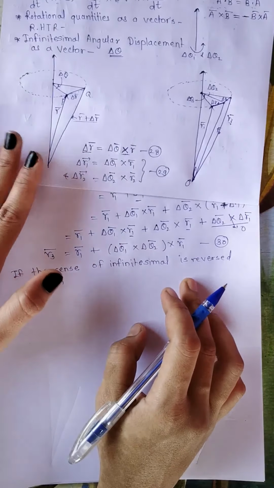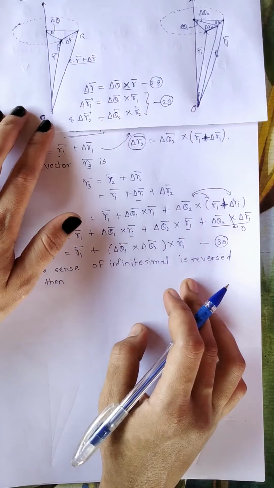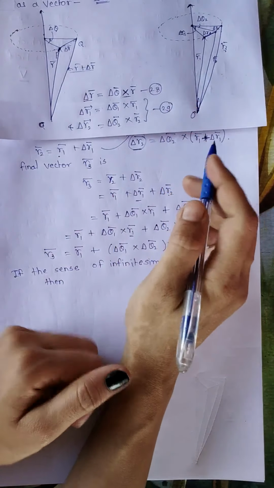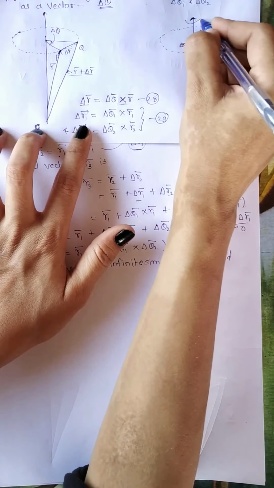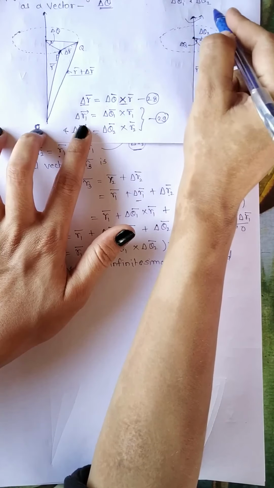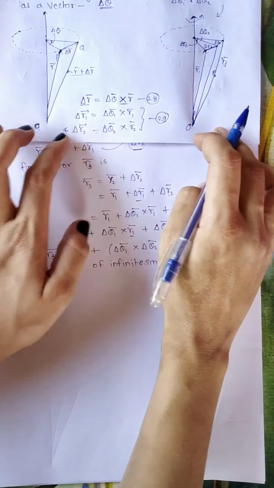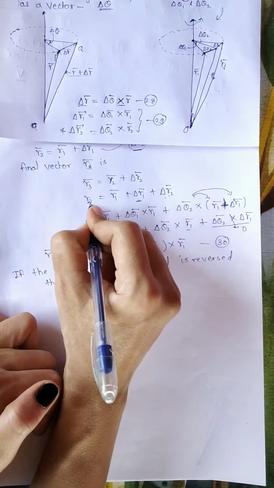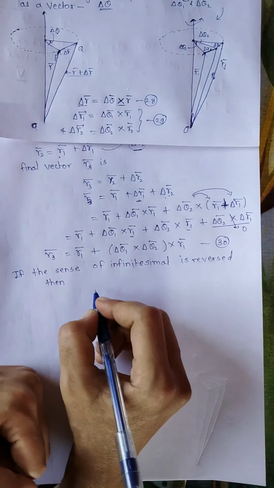Now here, if we reverse the sense of infinitesimal displacement, meaning if we reverse the direction of rotation, this was our first, so if we reverse it, then r3 bar changes due to the reverse sense of direction.